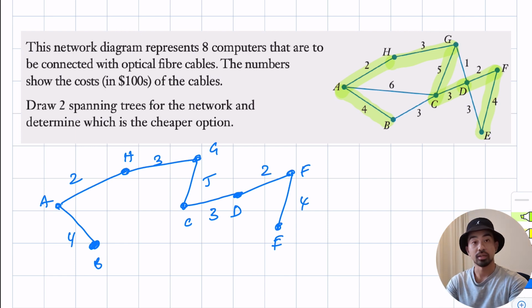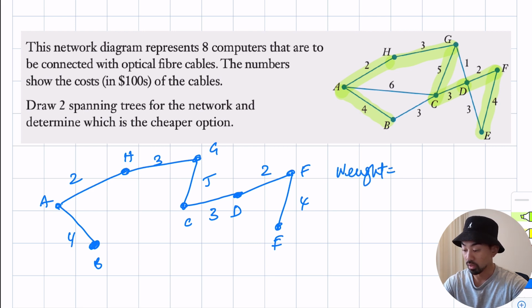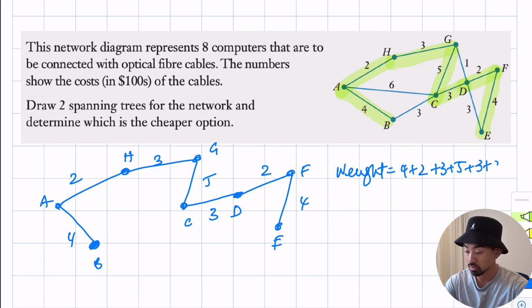So all my vertices are connected and I don't have any loops or cycles. So the weight of this is going to be 4 plus 2 plus 3 plus 5 plus 3 plus 2 plus 4.